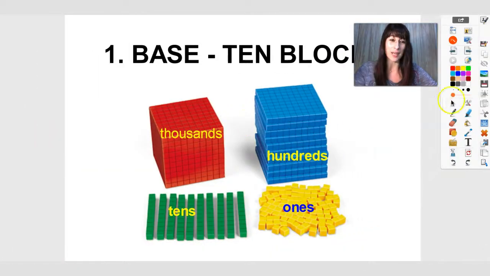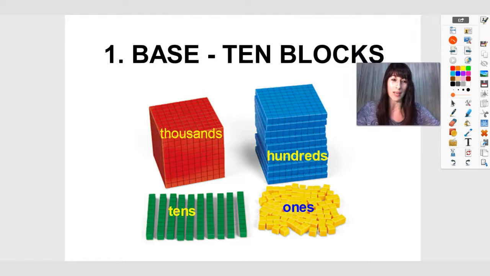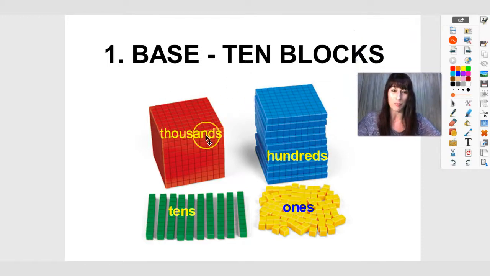Okay, number 1 is base 10 blocks. We learned that in base 10 blocks, we have these fancy manipulatives that we had fun with in our class. We can use these cubes to represent thousands. We can use tiles to represent hundreds. And remember, if you have 10 of these, then you will have thousands. You can group them into thousands.